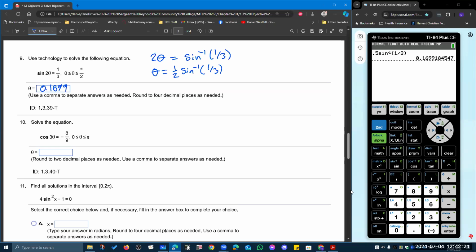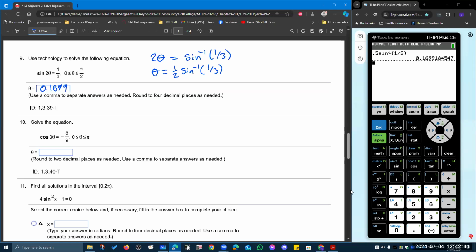All right, let's solve this equation here. Cosine of 3 theta is equal to 8/9. Let's make sure I got all the answers here.